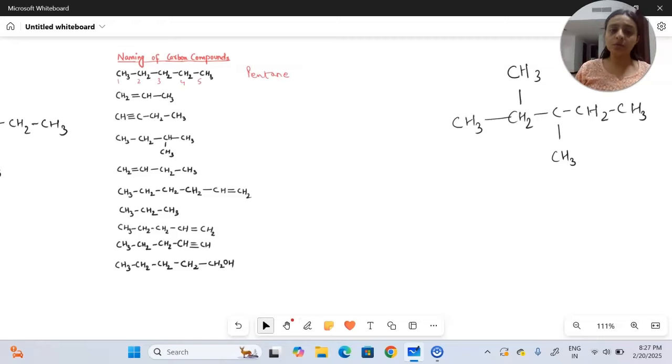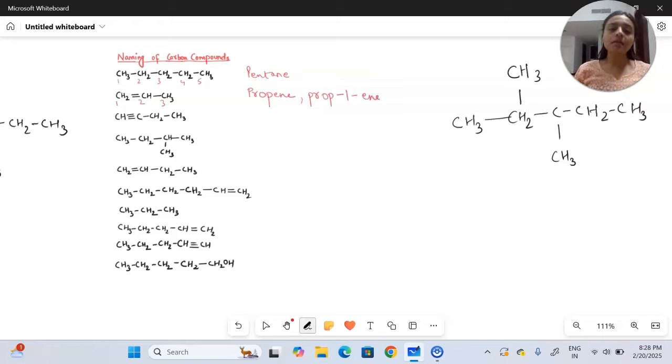Okay. Now as we can see in the second one, 1, 2 and 3. There is a double bond. So we will write it as propene. We are not writing one here, or you can also write it, because it's understood that at the number one carbon there is a double bond, or you can write it like this, prop-1-ene.